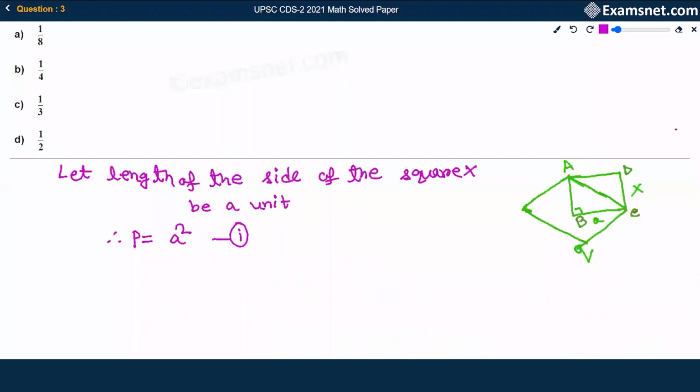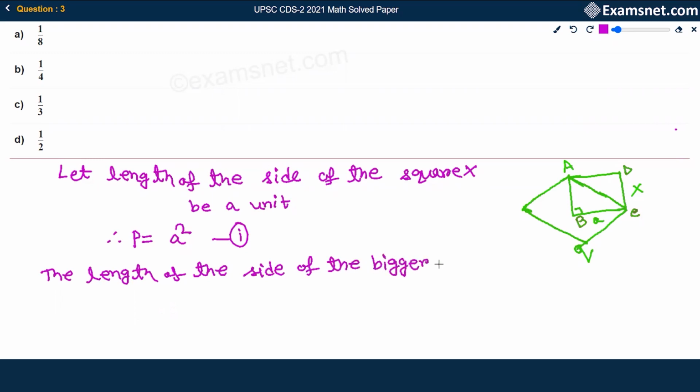So here the length of the side of the bigger square, since one of the sides is the diagonal of the smaller square, that is the length of the diagonal of square X, right?